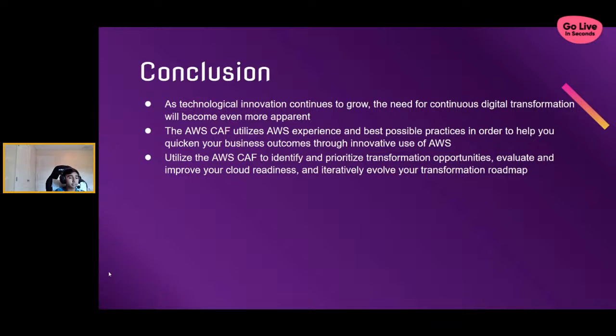The AWS CAF utilizes AWS experience and best practices in order to help you quicken your business outcomes through the innovative use of AWS, and using the Amazon Web Services Cloud Adoption Framework to identify and prioritize transformation opportunities, evaluate and improve your cloud readiness, and iteratively evolve your transformation roadmap. These are the things you will utilize it for, and the things which we covered in previous slides.